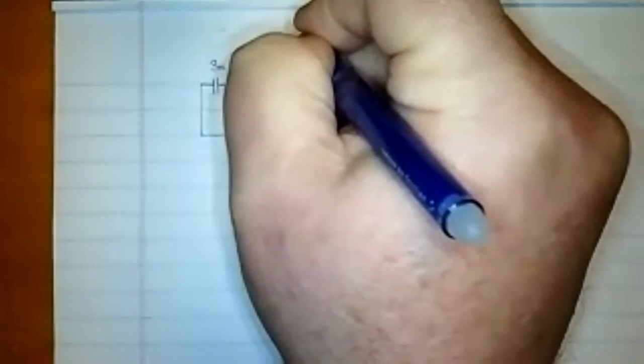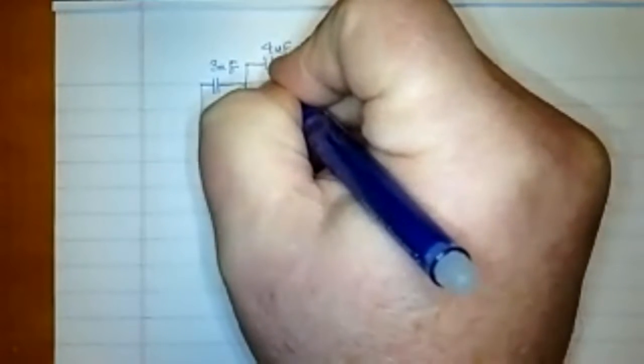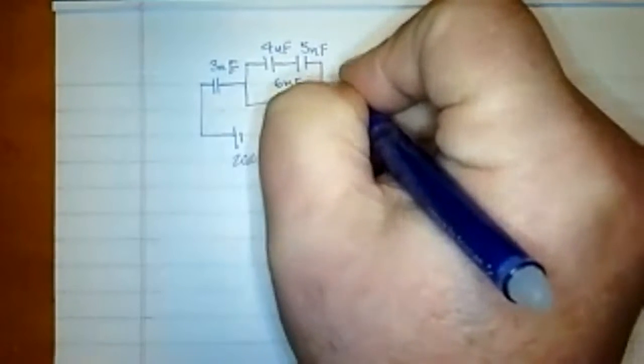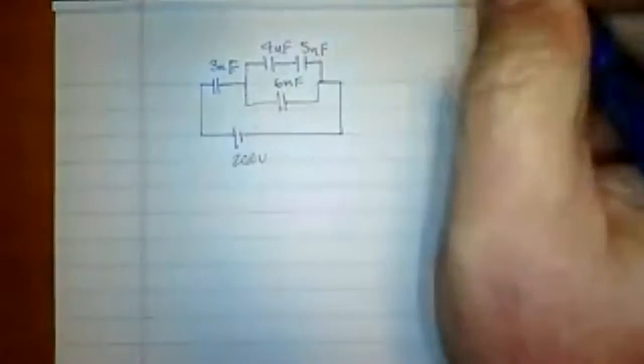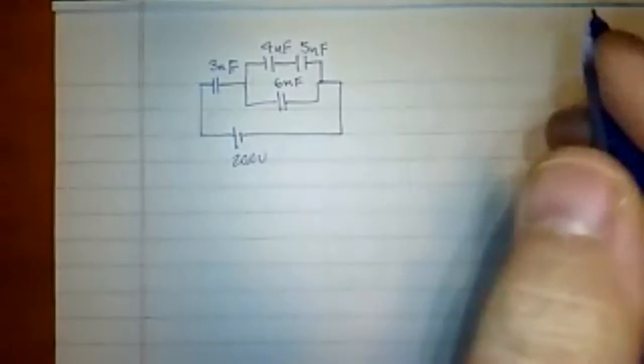And then that's going to run into a 4 nanofarad capacitor and a 5 nanofarad capacitor. And that's going to be parallel to a 6 nanofarad capacitor. And this will all come back. So what I'd like to know is the voltages and the charges on everything.